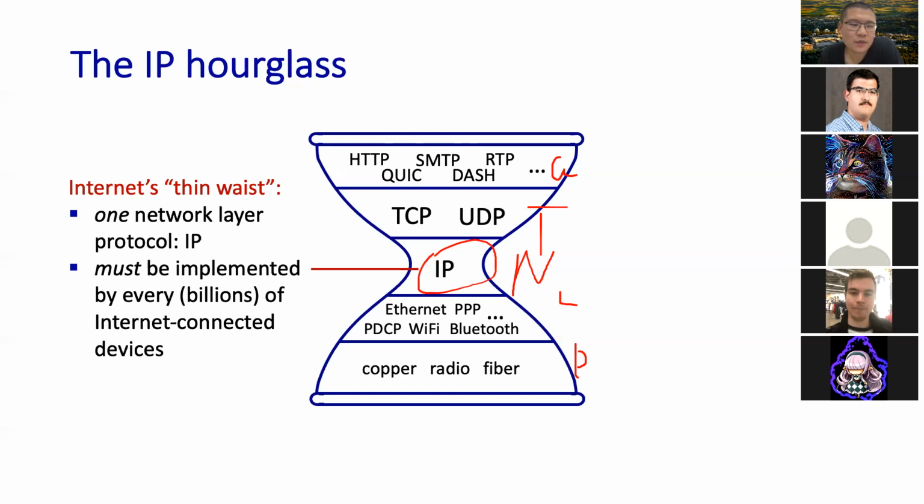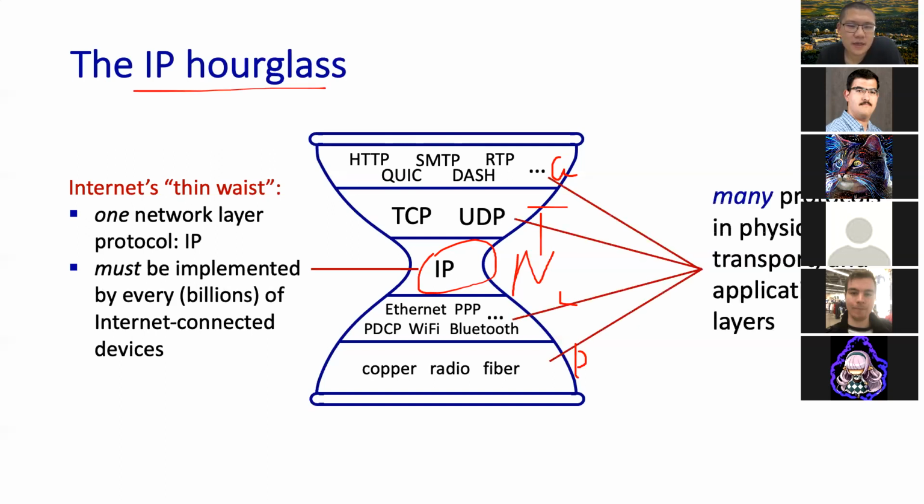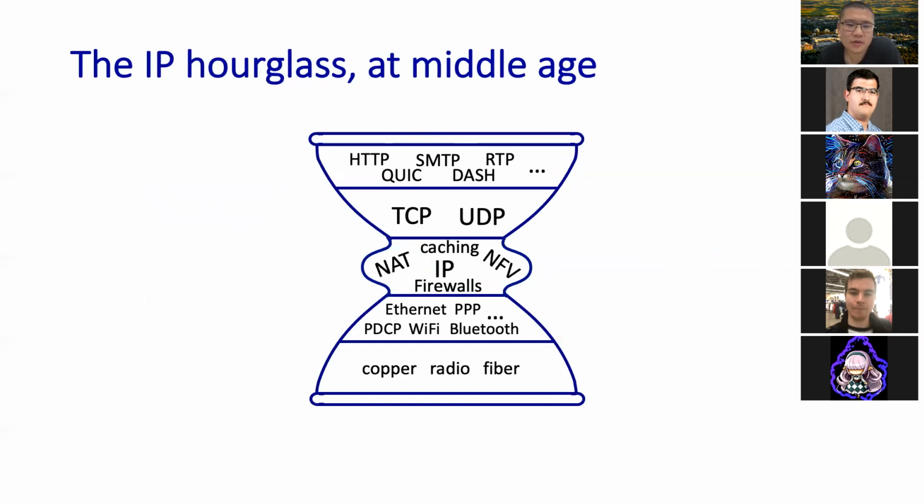So why do we call it the IP hourglass? You can see many protocols in the physical, link, transportation and application layers, but this is something we definitely want to do.